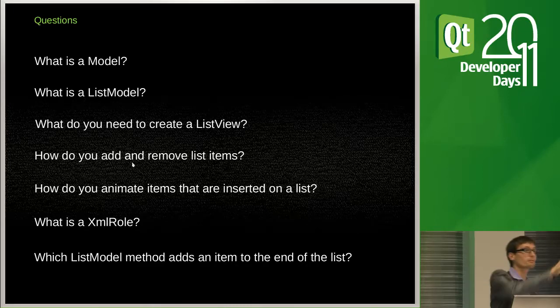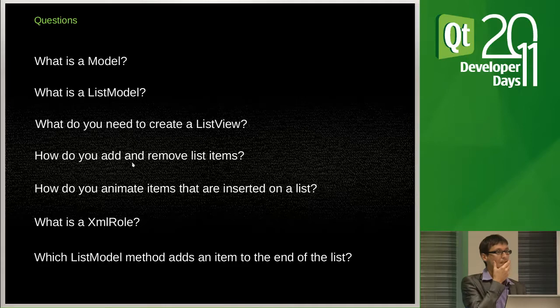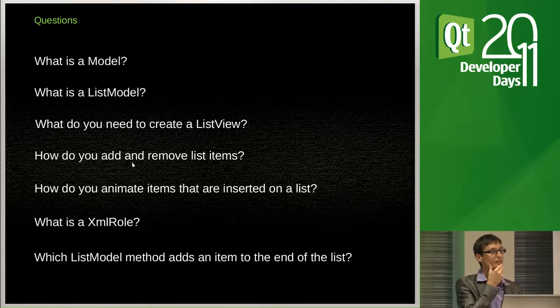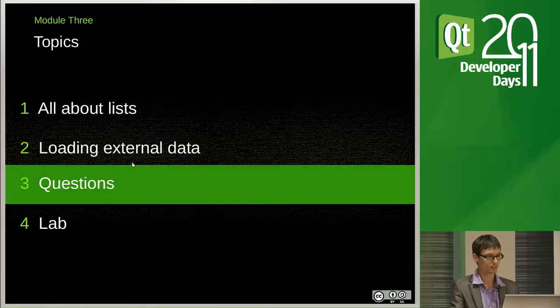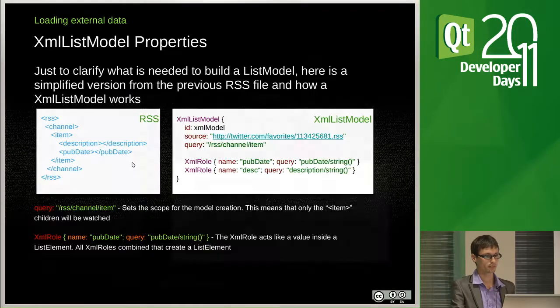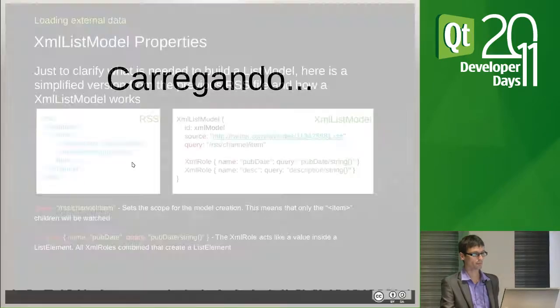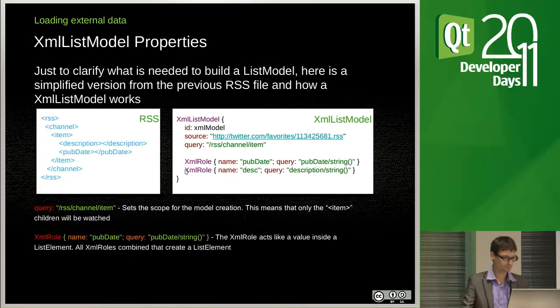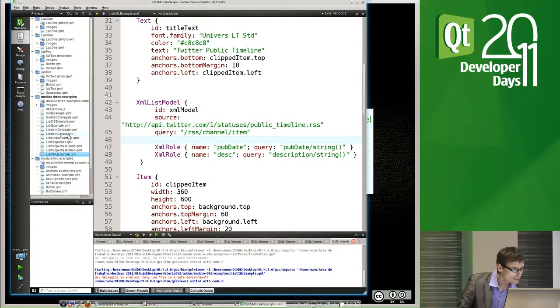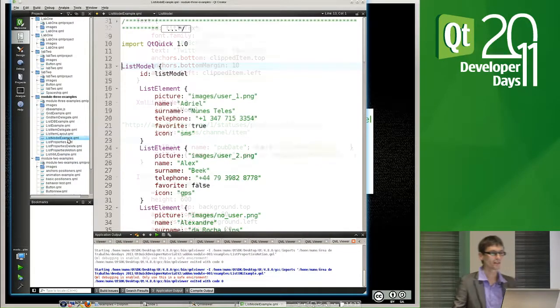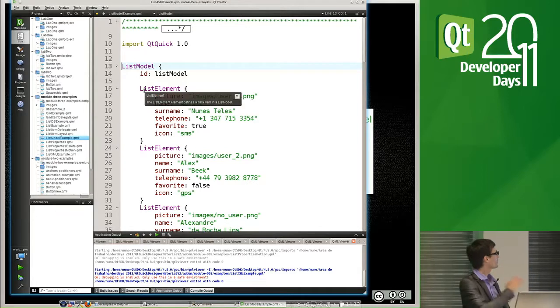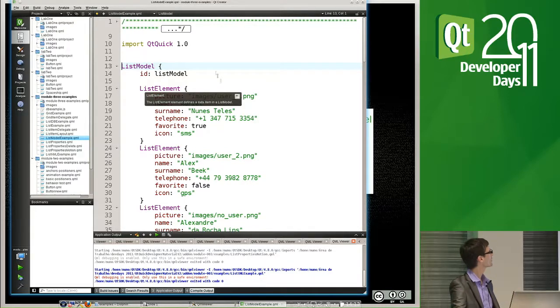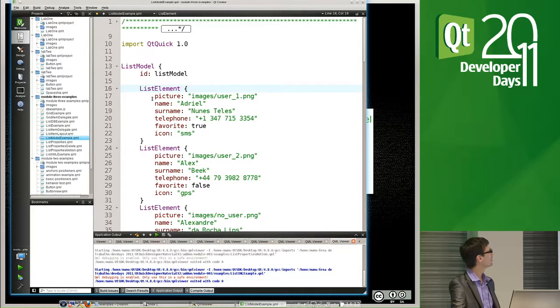Yeah. In the XML list properties, you showed us the XML roles. Could you tell me again what those are for? Here, the role here. Do you remember when we create a list model, we create a list element, and for each element we create some property.